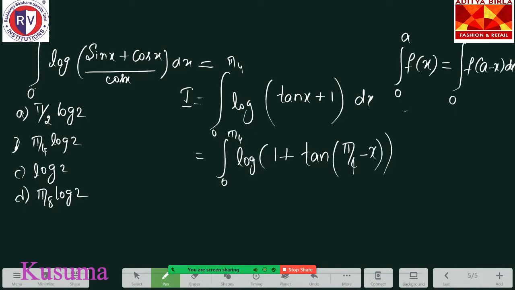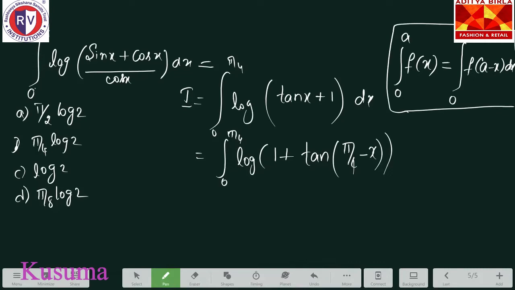So whenever you have integration from 0 to a of f of x, you can write it as integration from 0 to a of f of (a minus x) dx. Here we are replacing x by pi by 4 minus x.